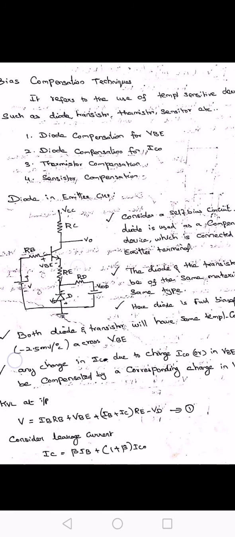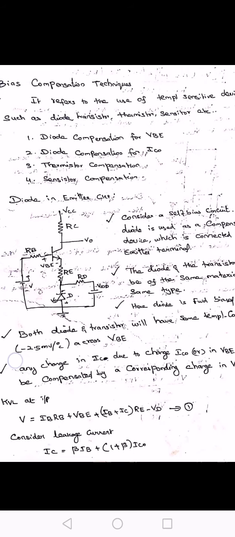By applying KVL, we can write the equation: total voltage V equals the voltage across base resistance IBRB, plus the base emitter voltage VBE, plus the voltage across emitter resistance IERE, minus the diode voltage VD. Here the polarity changes only at the diode terminal, so here we are using minus.